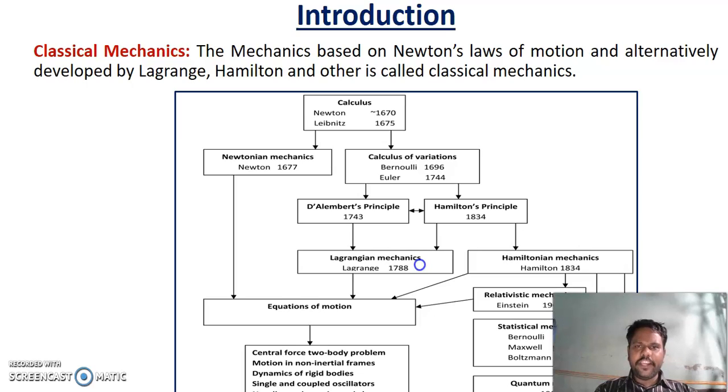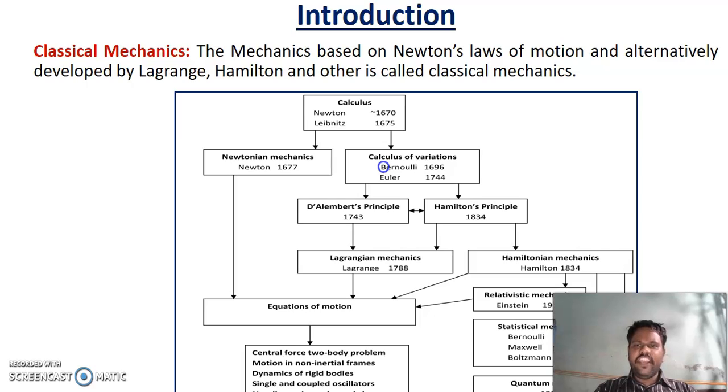In the ancient period, mechanics had been developed based on observations until Sir Isaac Newton in 1670 formulated his famous laws of motion. Bernoulli in 1696 introduced calculus of variations, which was further improved by Euler.